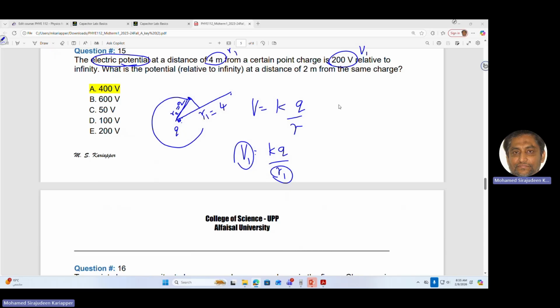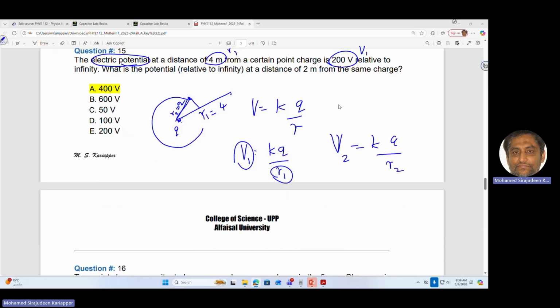So the dependency on R is 1 over R. When you decrease R, potential should increase, because it is inversely proportional to R. So 4 meters becomes 2 meters. So you halved it, right? So what should V2 become?